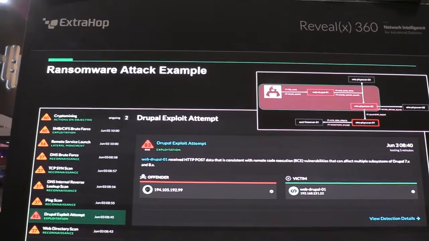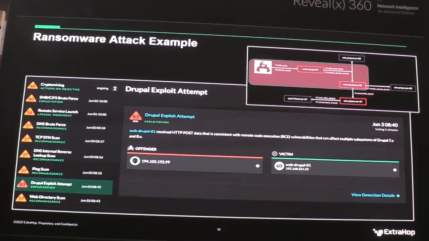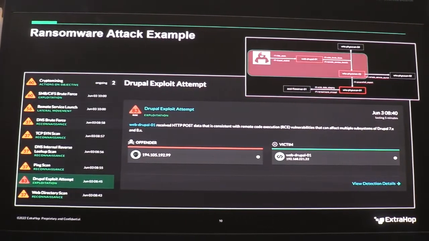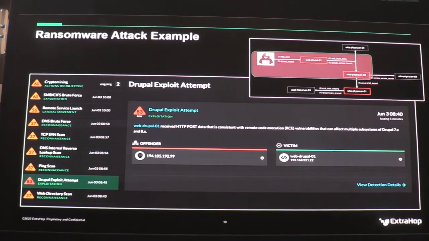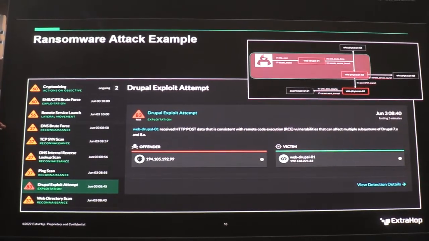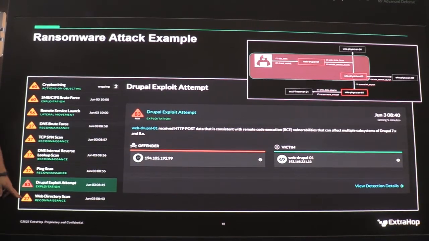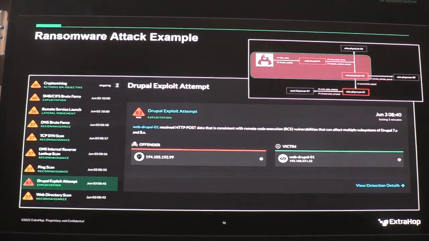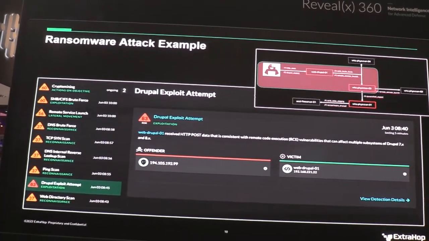Just to give you a quick overview of the ExtraHop UI, and again, we can show you in more detail in our demo systems, I've broken the attack into two different pieces here. The first part, highlighted at the top, is an unfolding, chronologically, of all the different attack techniques used in the opening stages. Again, I told you there was a web directory scan. Once that attacker identified that it was running the Drupal web server platform, it attacked a known exploit in that version of Drupal.